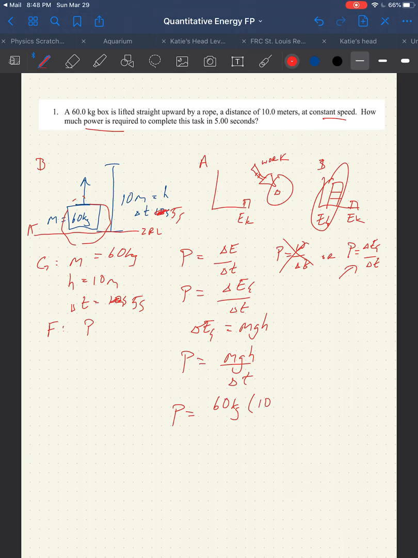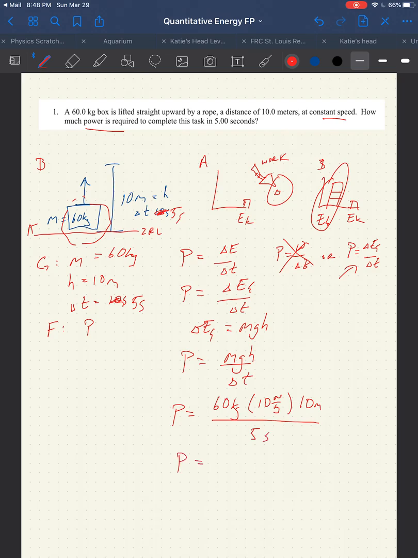The gravitational field strength constant, 10 newtons per kilogram. And the height, which is 10 meters. And we're going to divide that by the time, which is 5 seconds.